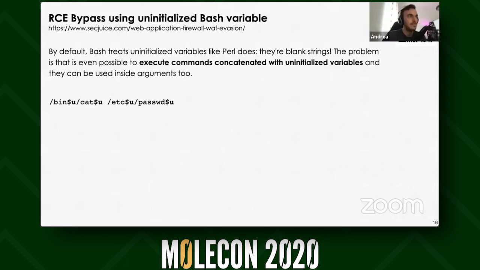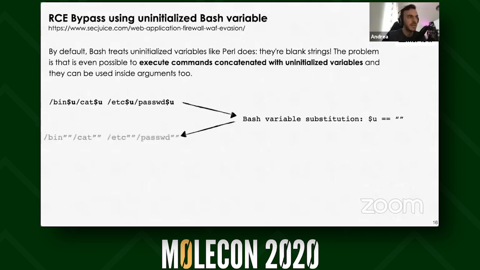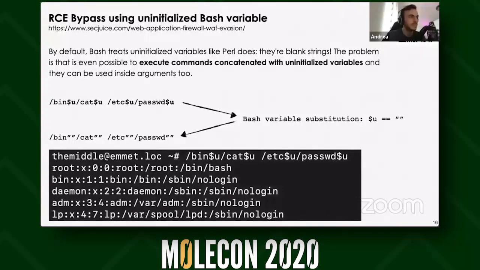So cat followed by an uninitialized variable is translated by bash variable substitution to a blank string, and it becomes /bin/ empty string, cat empty string, /etc/ and so on. And it works, as you can see in my example on my terminal.